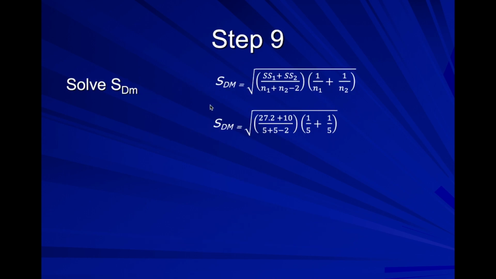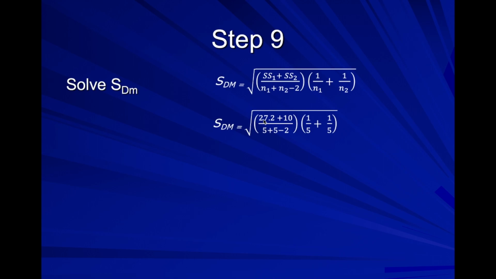And then here it is. The SDM for the equation is the square root of what we just did. Now this is where a lot of people make errors because they forget the order of operations. So you start with your parentheses, do things within the parentheses first. Let's simplify these.